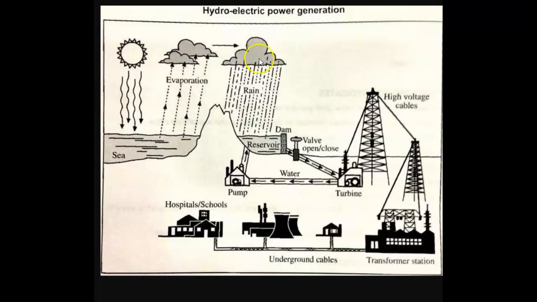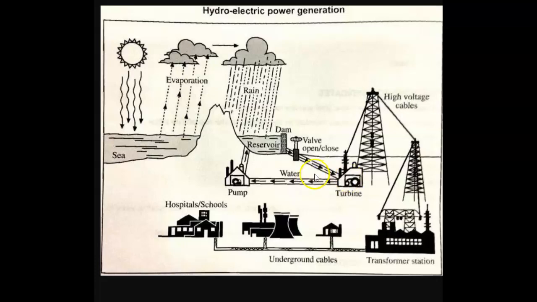This rain is stored, again, passive voice, is stored in a reservoir, okay? And is held back by a dam, okay? You could say that as well. It is held back by a dam. Once the valve is opened, the water enters, okay, the turbine.